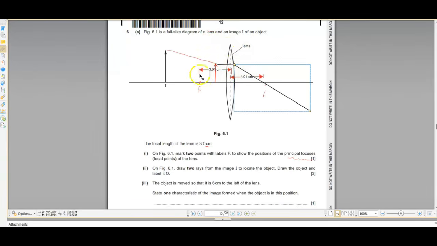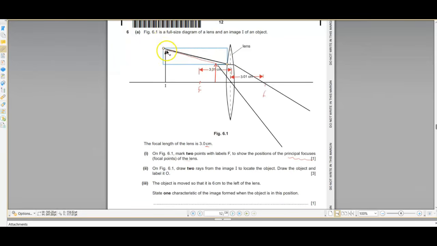And then there is another line that passes through the optical center like this. ठीक हो गया ना? And we can balance it like that. And then these lines are drawn backwards, and then you can just see कि this is where your object is. ठीक हो गया?